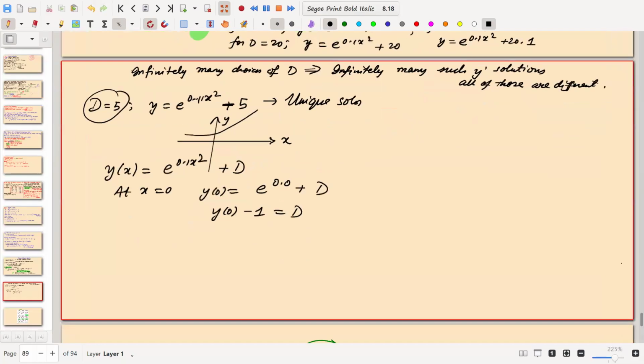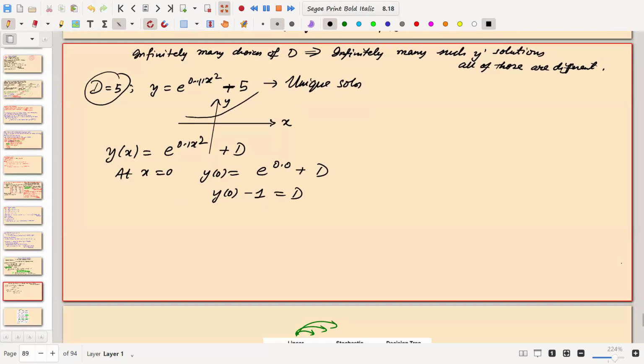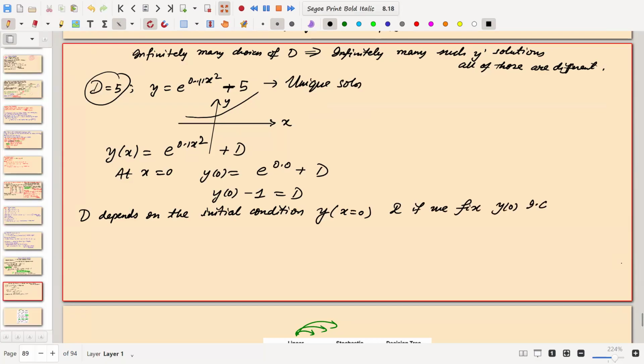You got the idea? So that means d depends on the initial condition. Why are we saying initial condition? Because it is the value of y at x equal to 0, the starting point. d depends on that. And if we fix y0, the initial condition IC, then we are fixing the d value.